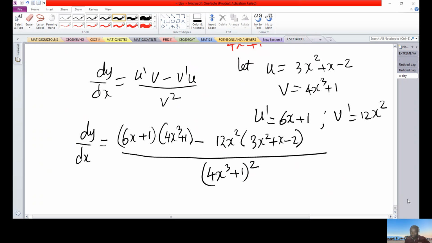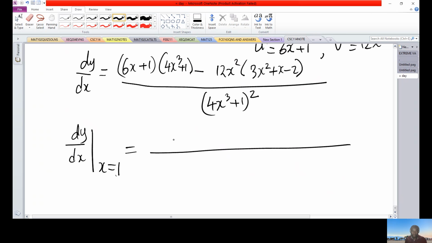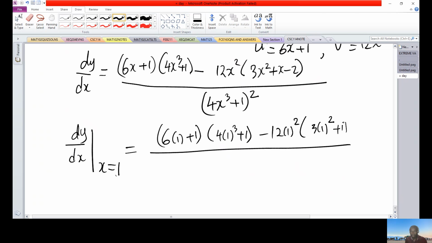Now we want the gradient at the point x equals 1. So this will be (6(1) + 1)(4(1) cubed + 1) minus 12(1) squared (3(1) squared + 1 - 2), and then (4(1) cubed + 1) squared.